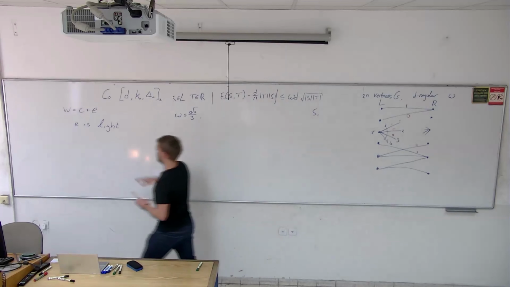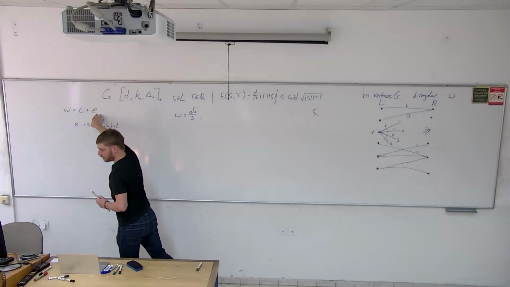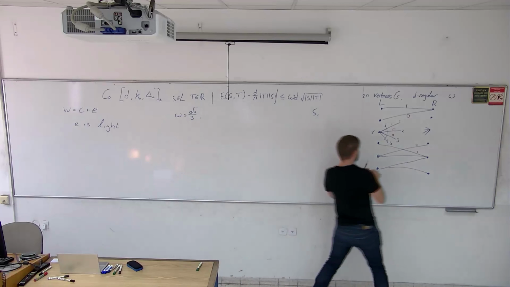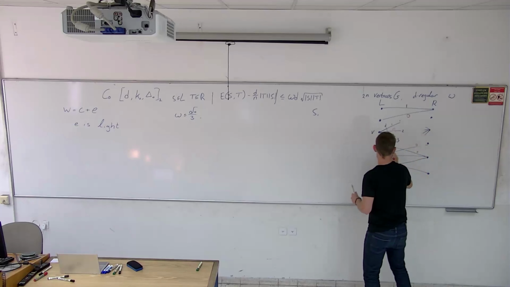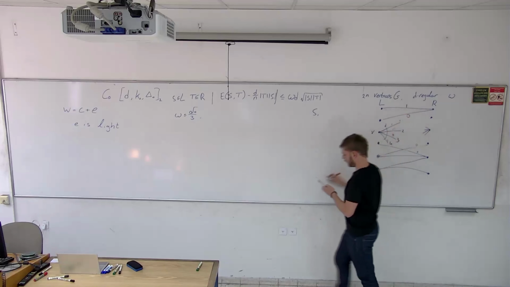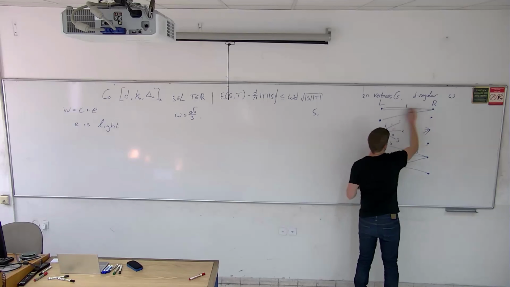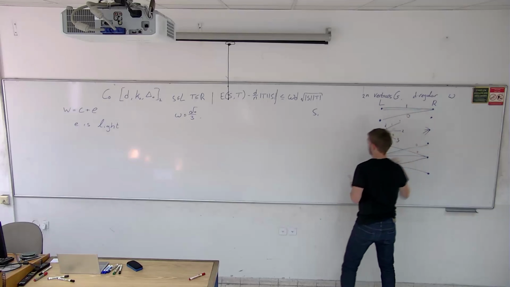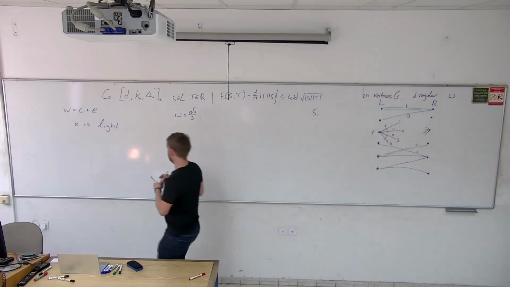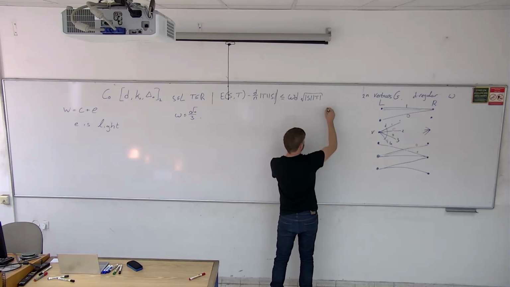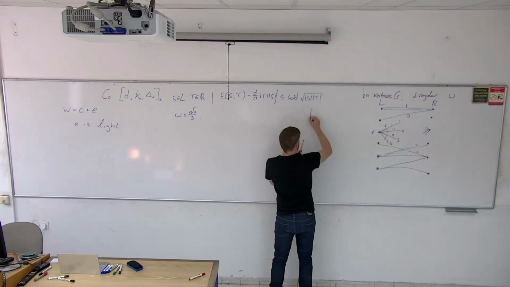Now I have a codeword and I have some faulty edges, which I don't know where they are, but this is only for the analysis. It could also be 0 edges that are faulty. Some faulty edges, which I don't know where they are. So let's denote them F, faulty edges.